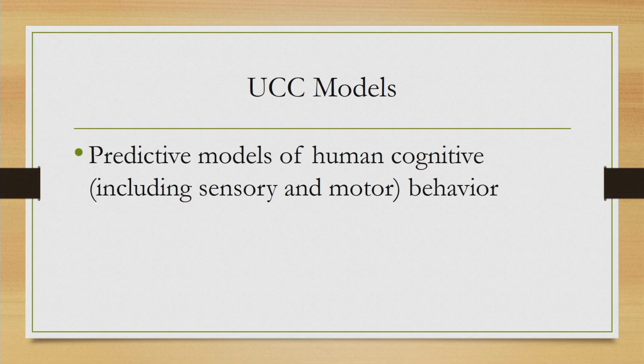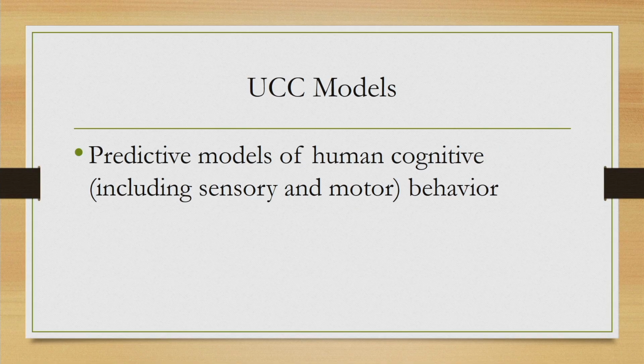Now, let us try to have some formal idea of what the user centric computing models are, which are the predictive models of human behavior. When we are talking of the term predictive model, we are including both sensory as well as cognitive behaviors. Along with that, motor behaviors are also included.